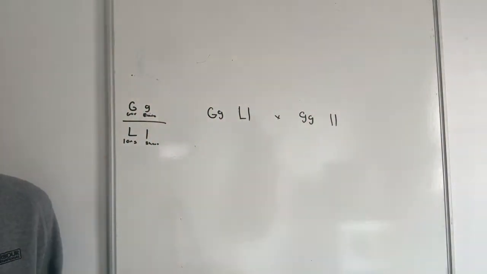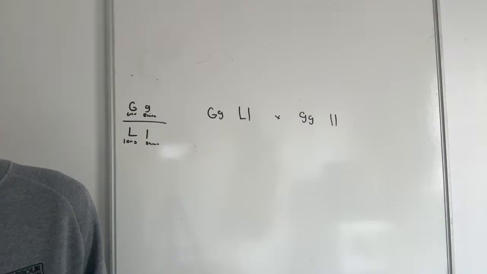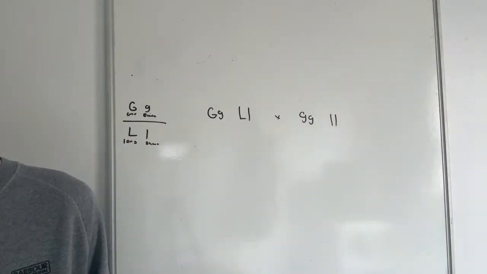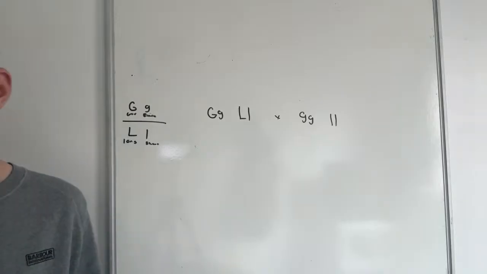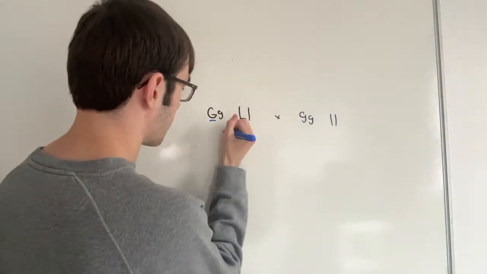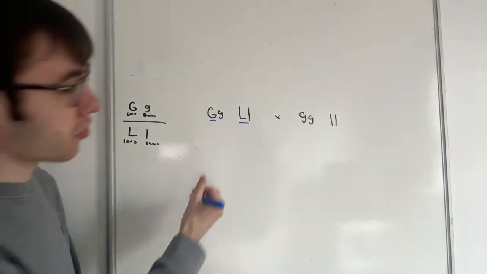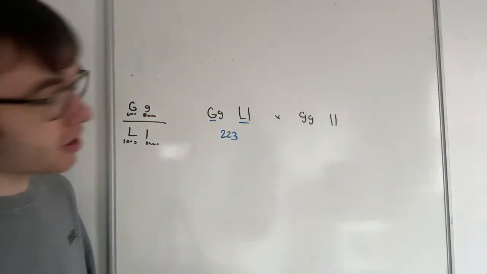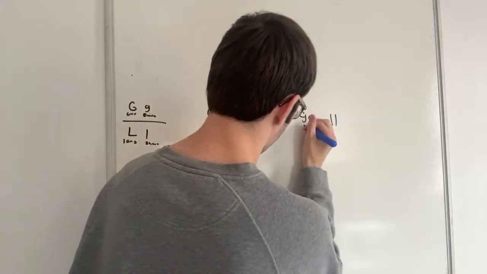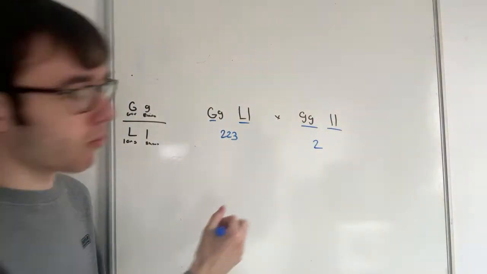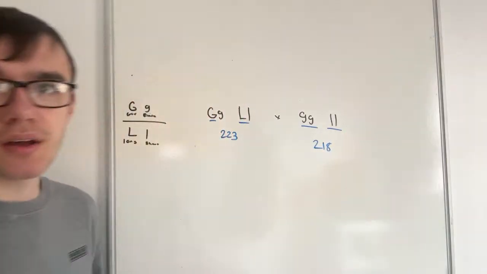Explain the results in table 2. So grey body and long wings, we get 2, 2, 2, 3. Black body and short wings, we get 2, 1, 8. So nigh identical.